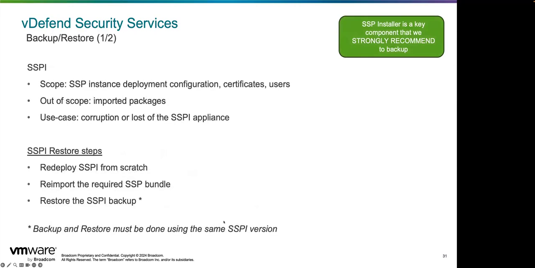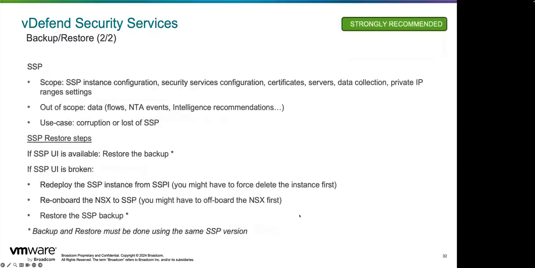So some basic services, we can do backup and restores. We're going to be able to back up the SSPI and back up the configuration. Steps for restores: you restore SSPI from scratch. It's an OVA, a pretty quick install, and then you'll re-import the SSP bundle. Then you restore the SSP backup. In a backup and restore of the SSP instance, configuration, security service configuration, certificates, servers, data collection, private IP ranges, and all settings are backed up.